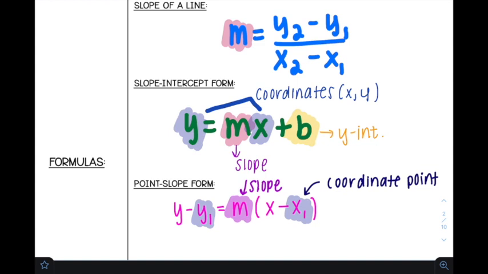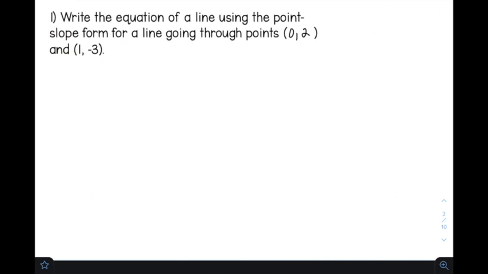Again, this is just something you need to memorize and to know that you have your y minus y1 equals m times this whole thing of x minus x1. And you are subtracting. All right, let's try out the first problem. So they're asking you to write the equation of a line using the point slope form. So if we're using the point slope form, I'm going to write it down so I remember it.